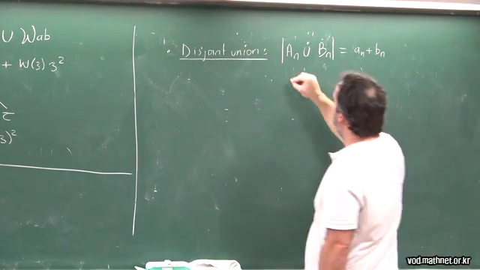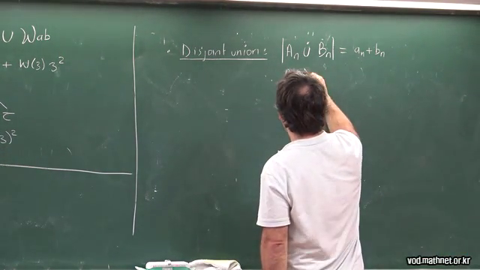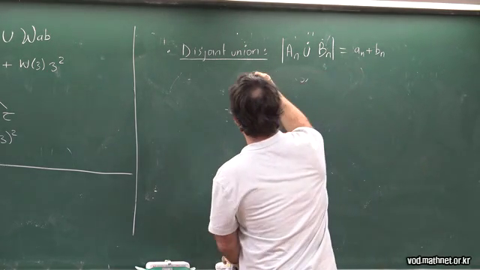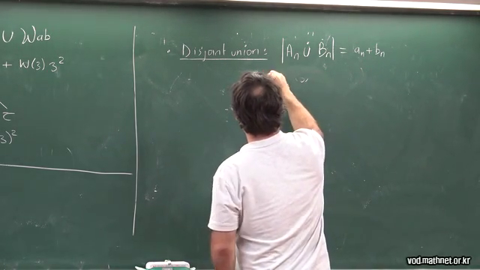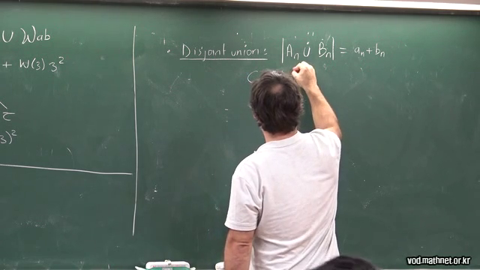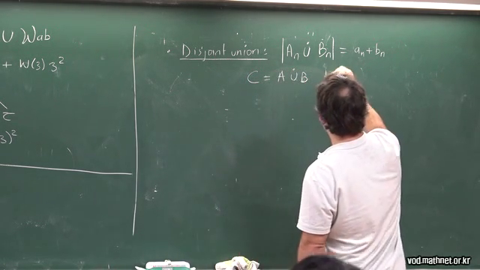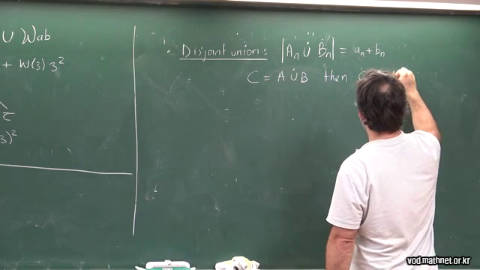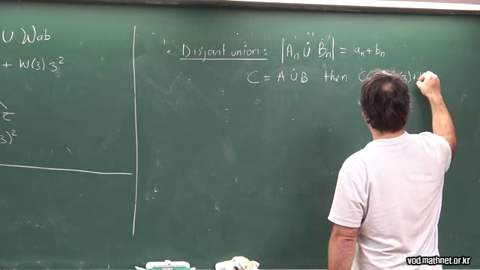And so if I say that C is A union B, then C of Z equals the sum of A of Z and B of Z.